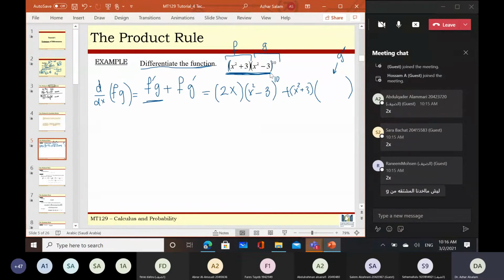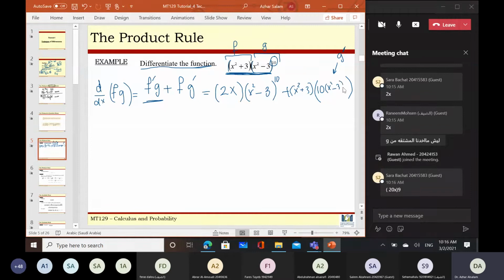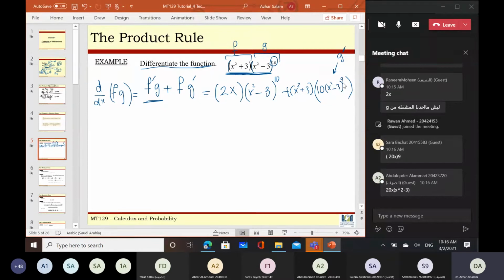First, notice that I have a bracket to the power 10, so I will first differentiate the power: 10 multiplied by x squared minus 3 all to the power 9.